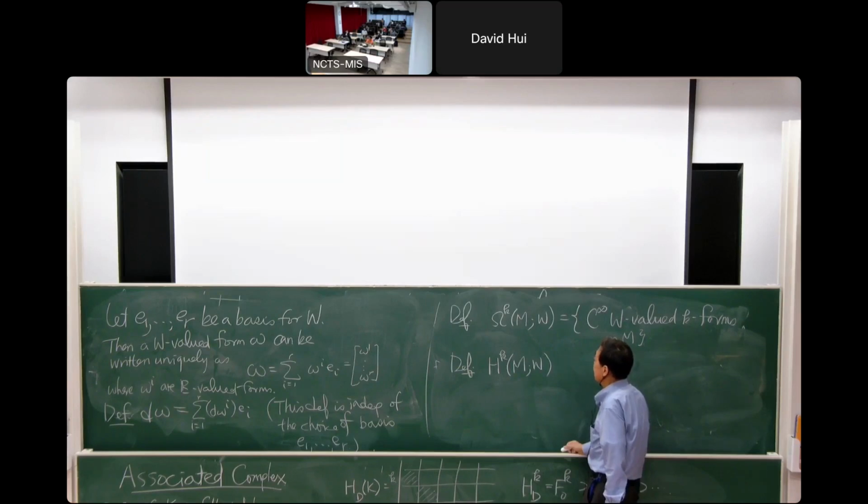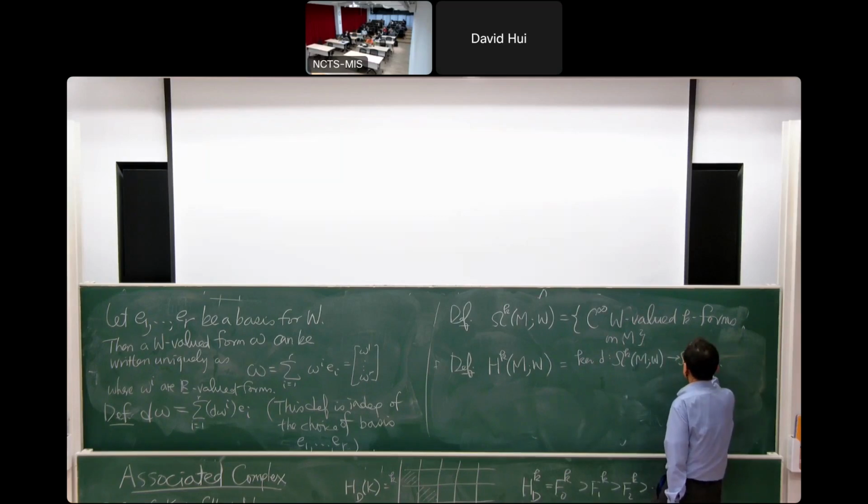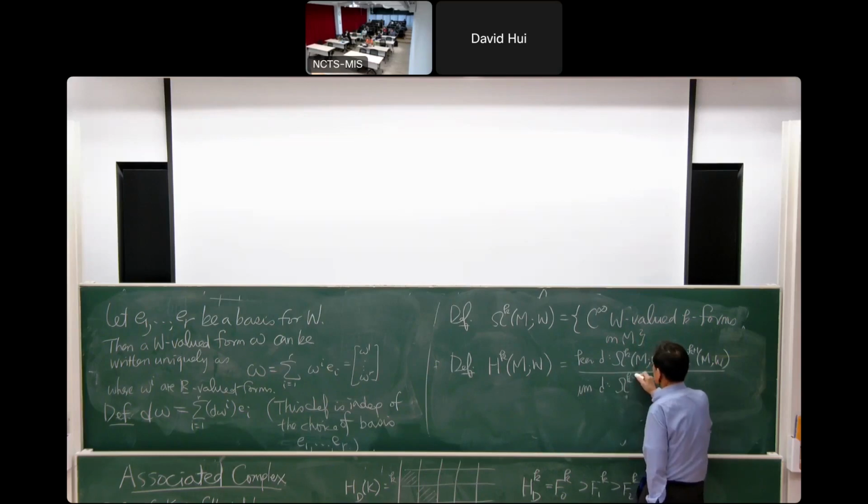Okay. Yeah. So it's the kernel of d from Omega^k(M, W) to Omega^(k+1)(M, W) over the image of d from the previous Omega.